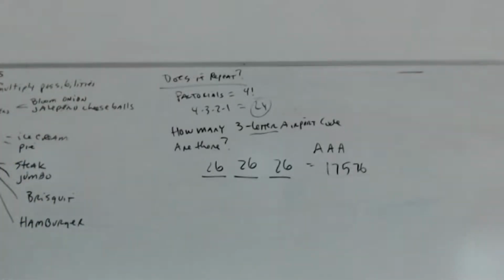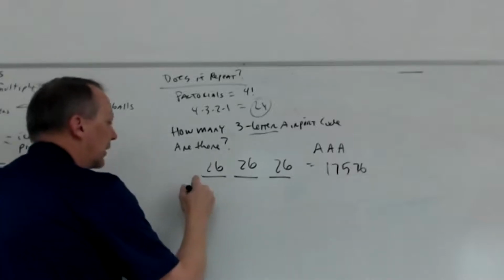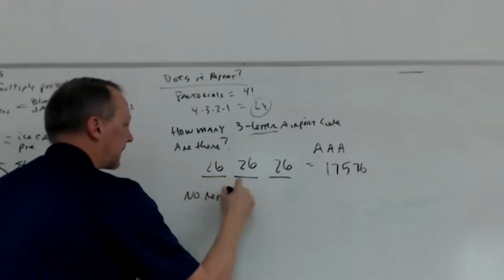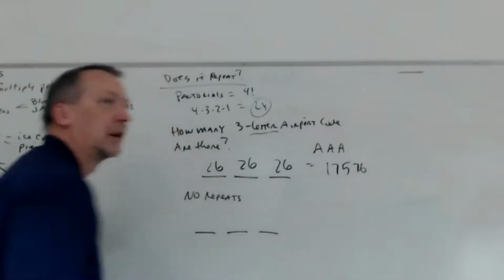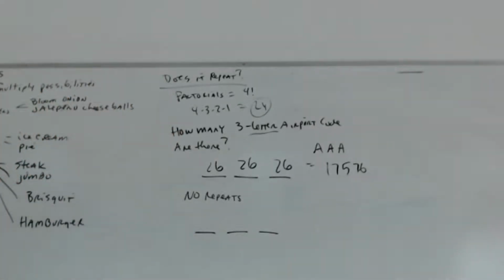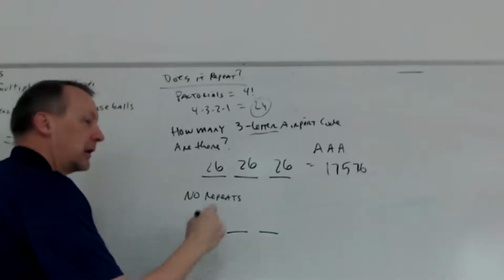Now what if I said no repeats? I can do the same thing again. Drop my 3 blanks. Ramiro, how many options do I have for my first letter? 26.